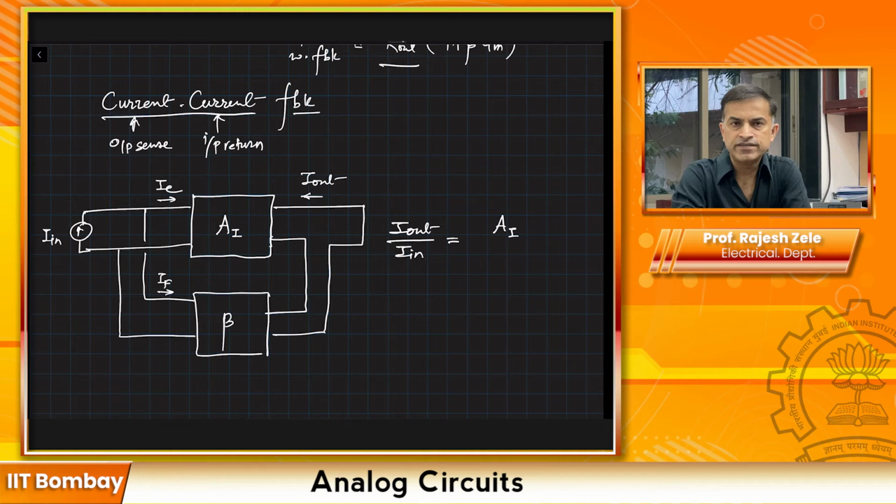With feedback, this transfer function will modify to AI divided by 1 plus beta times AI. Again, AI is the current gain, current divided by current, so it will be unitless. Hence, beta in this case will also be a unitless quantity.